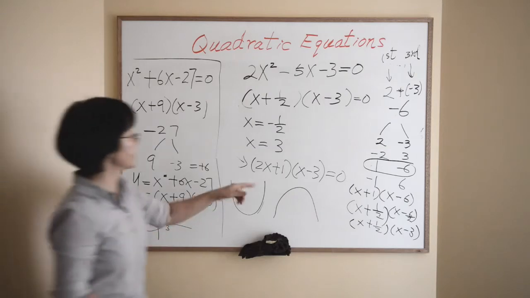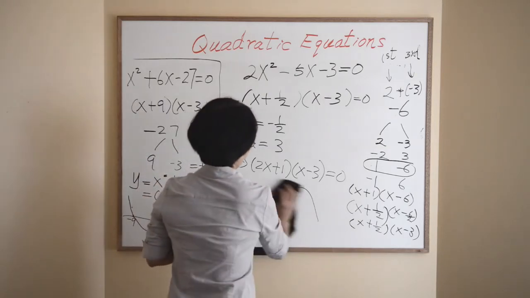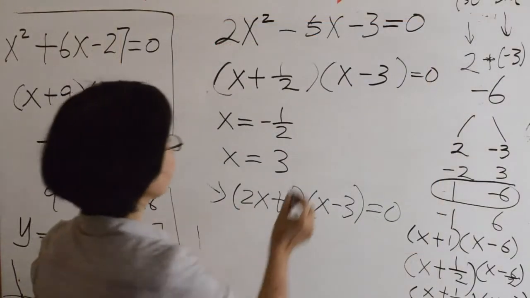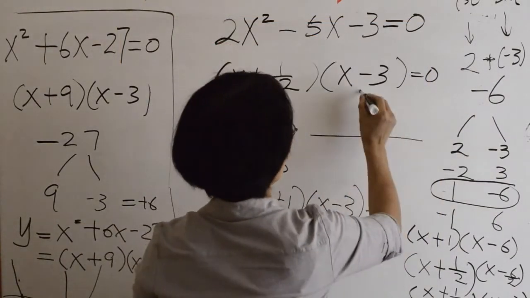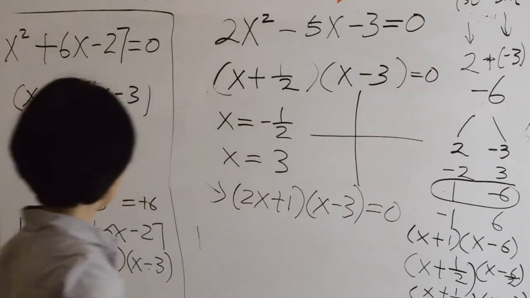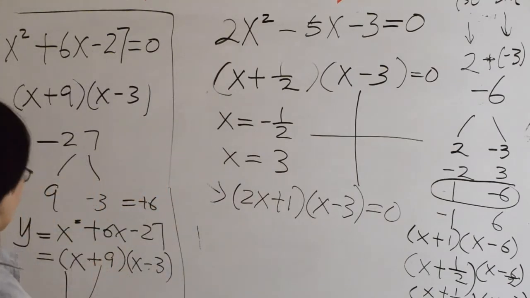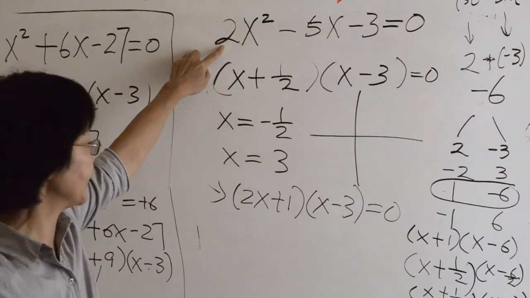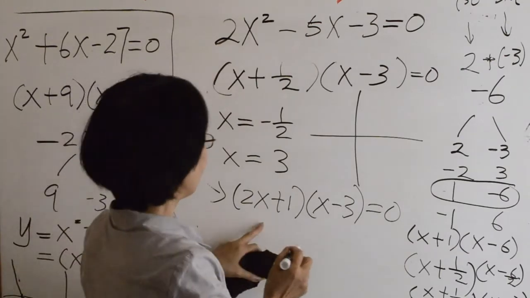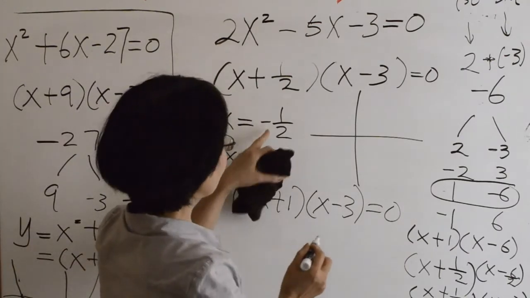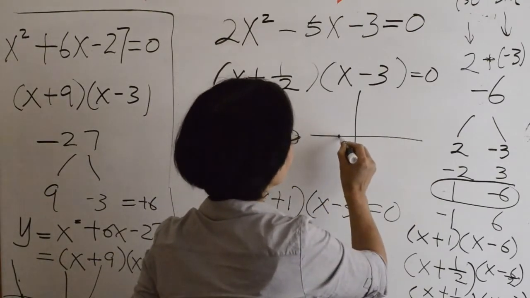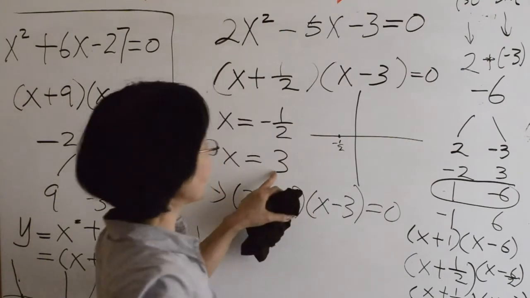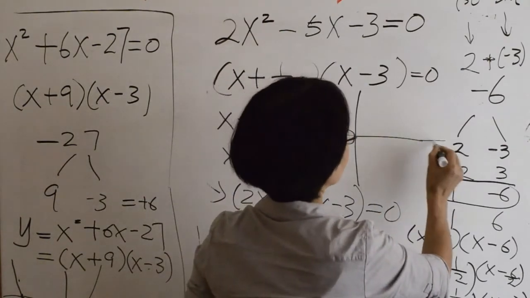Okay, let's do this one here. Now the graph of this one, first we know it's a parabola that's going up because this is positive 2. Okay, so because one of the solutions is negative 1/2, say negative 1/2 is here, and then the other one is positive 3, say somewhere here.